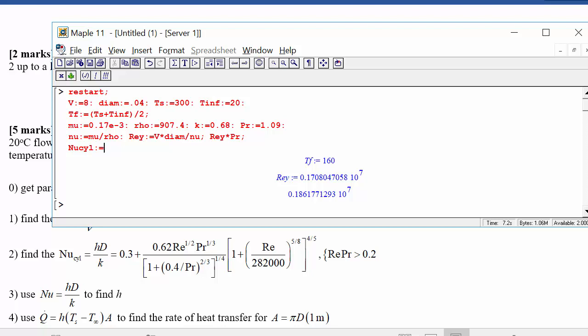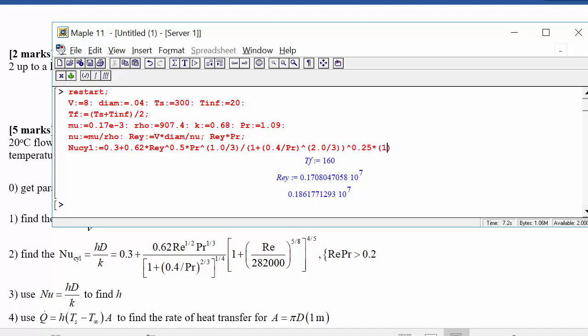The Nusselt number for the cylinder here is equal to 0.3 plus, and this is another source of error, typing this equation in incorrectly, 0.62 times Reynolds number to the power of 0.5 times Prandtl number to the power of 1/3. It's forced floating point evaluation, and we're going to take all of that and divide by this thing in the denominator, 1 plus 0.4 divided by the Prandtl number, all to the power of 2/3, and then we're going to take that to the power of 0.25.